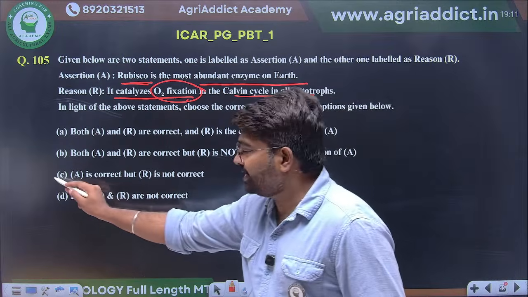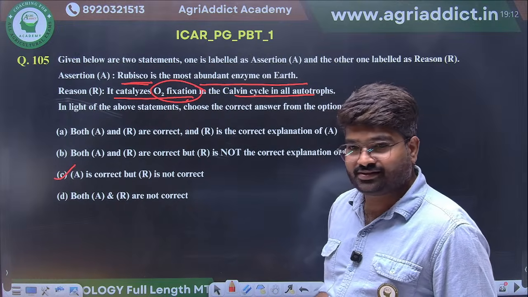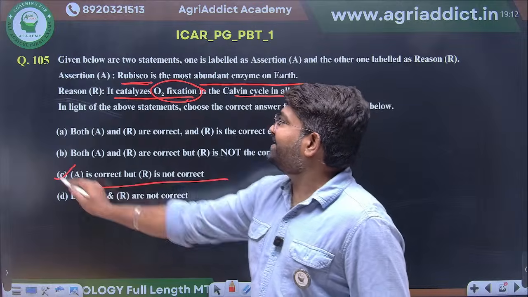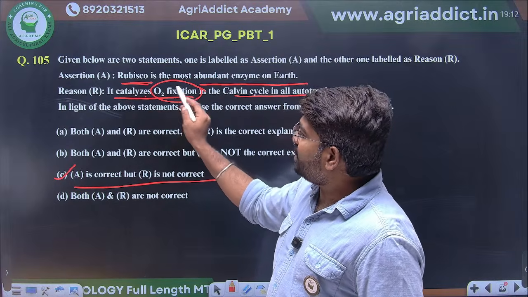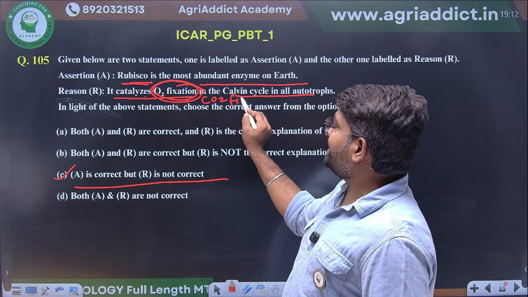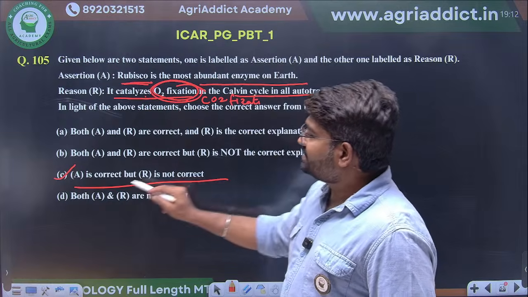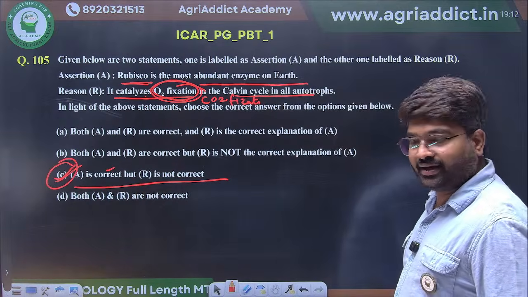C. Okay. Yes, C is the right answer. Because why? It catalyzes oxygen fixation? No, it will catalyze CO2 fixation in the Calvin cycle. So, C is the right option. Assertion is correct, but R is not correct.